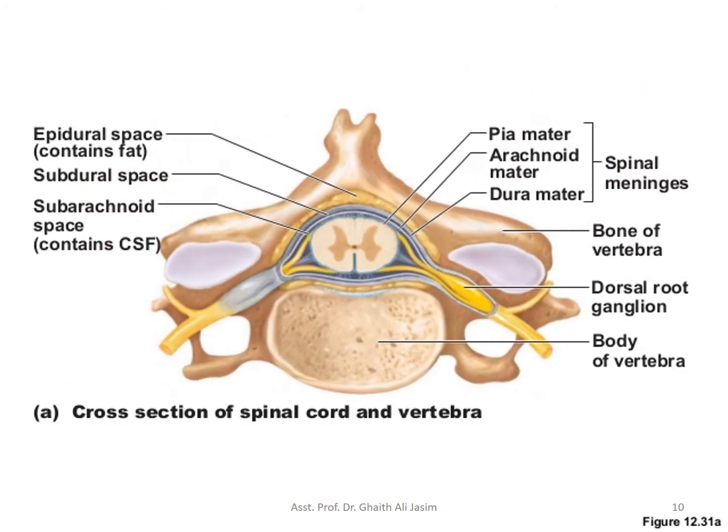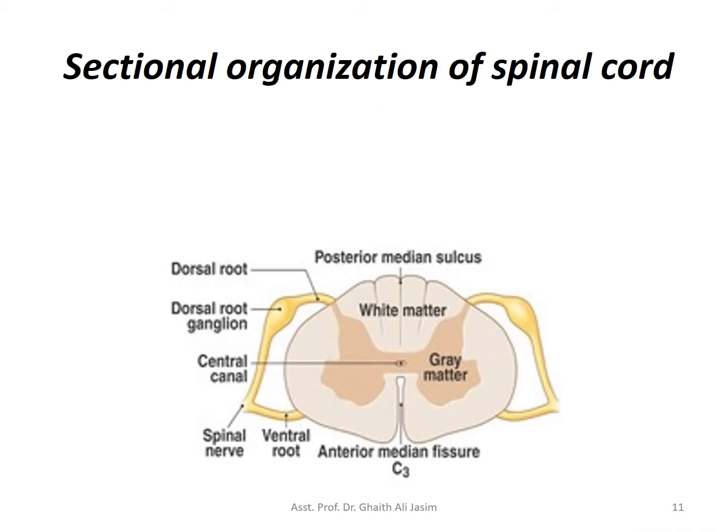We can see here in light blue the spinal meninges, how they surround the spinal cord and the dorsal root and ventral root ganglia. Sectional organization of the spinal cord.